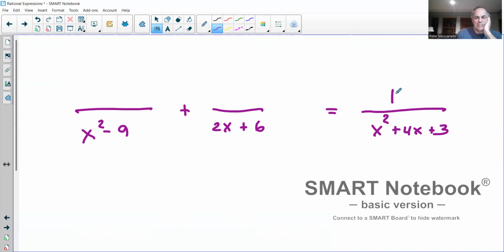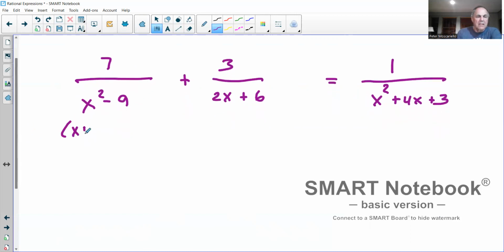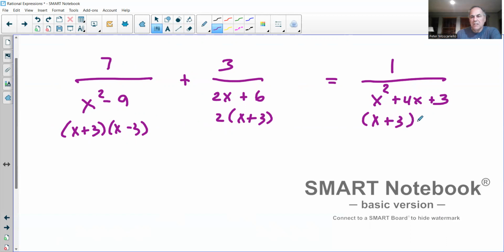Can make this actually a 10. No, let's leave it well enough alone. Okay. Are we ready to factor them denominators? X plus 3, x minus 3, 2, x plus 3, x plus 3, x plus 1.